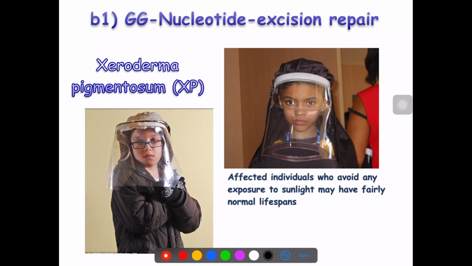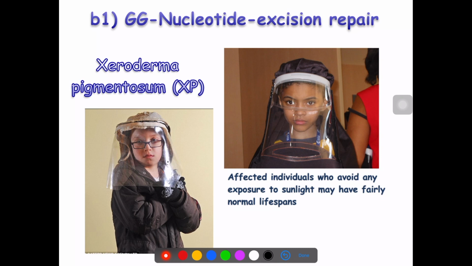All right, so now one important point that needs to be made. Even though this disease is typically associated with skin cancers, when parents notice that their kids exhibit that very high sensitivity to exposure to UV light, they can establish measures early on that will prevent exposure to any type of UV light.